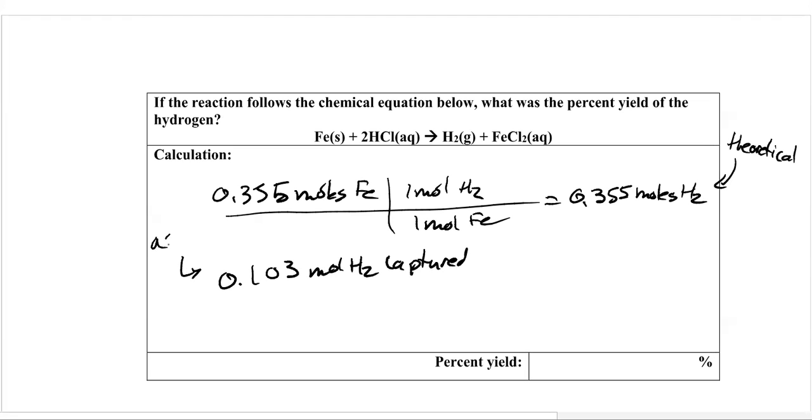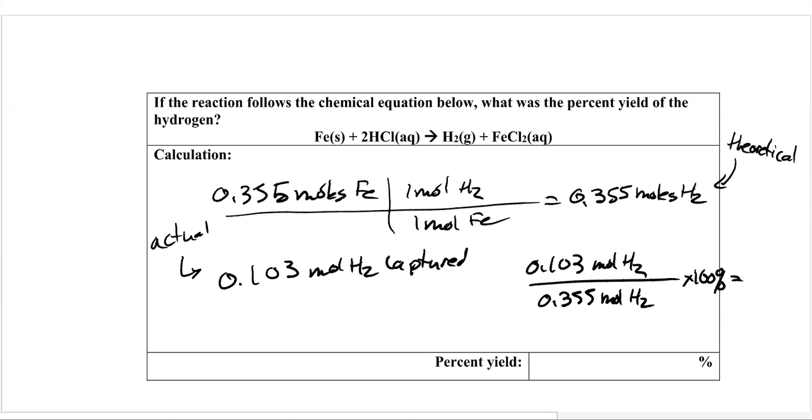So the percent yield is our actual 0.103 moles of hydrogen divided by our theoretical 0.355 moles of hydrogen, times 100%. So we should be at 29.0%. That's all we need to do.